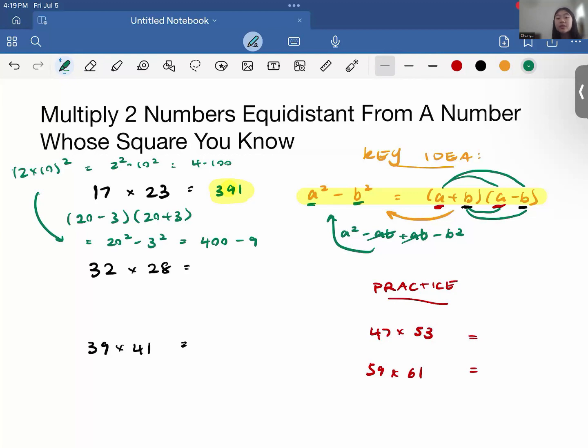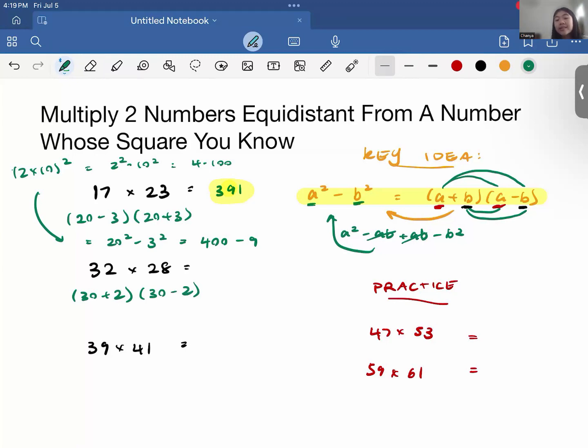Okay, so now we're going to move on to example number 2, which is 32 times 28. Well, you think, what's in the middle of 32 and 28? Well, that number is just going to be 30. So we can notice that 32 is equal to 30 plus 2, and 28 is equal to 30 minus 2. Oh, wait, what does this look like?